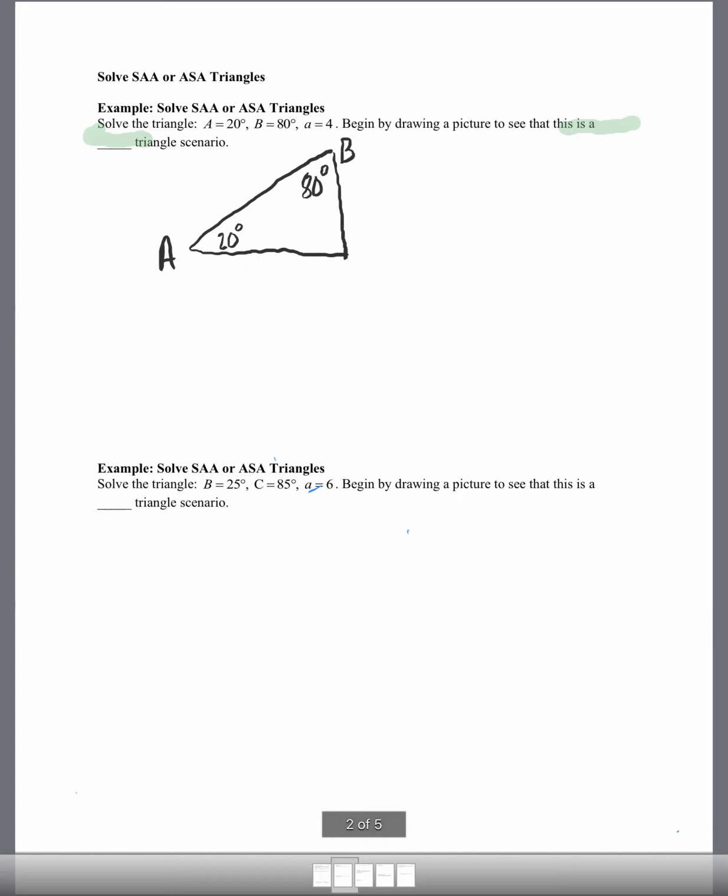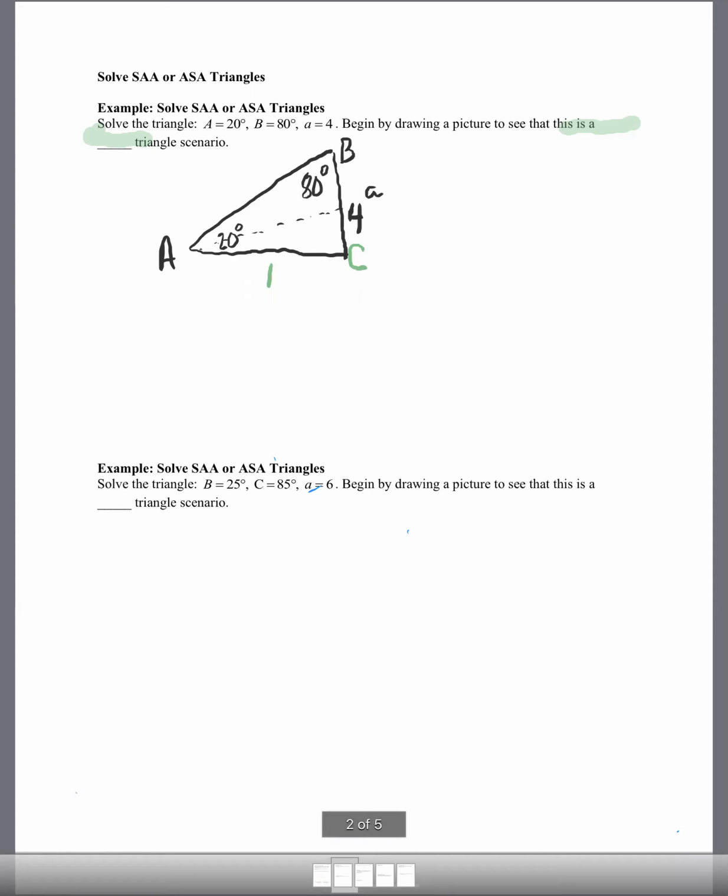Well, that means that the side across from side A is across from angle A. This is where A is right here. Okay, we know it's worth 4. So the things that you and I have to go and find then according to this problem, we need to go and find angle C because we don't know how big that angle is.